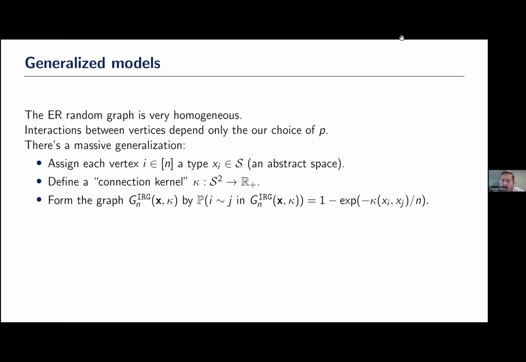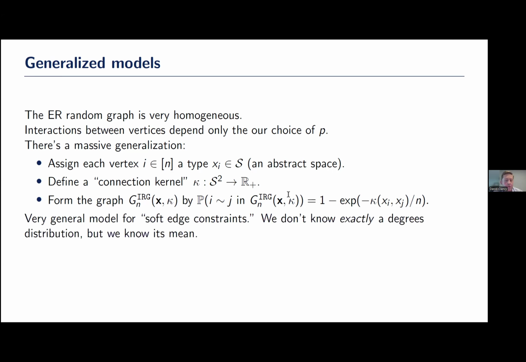We imagine that each possible edge in the graph is included independently with probability 1 minus e to the minus this kernel kappa evaluated at two locations corresponding to the vertices, x_i and x_j, and then we divide by n, so that we have roughly the same sparsity condition as in the Erdős-Renyi random graph that I mentioned before. And this is a super general model with soft edge constraints. We don't know exactly the degree of each vertex, but we know the degrees on average.